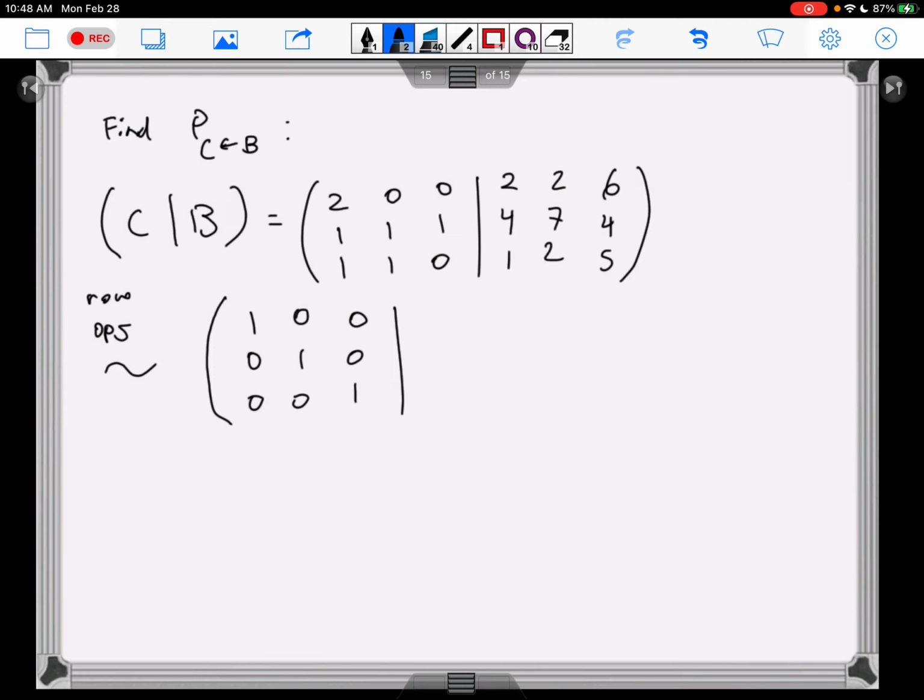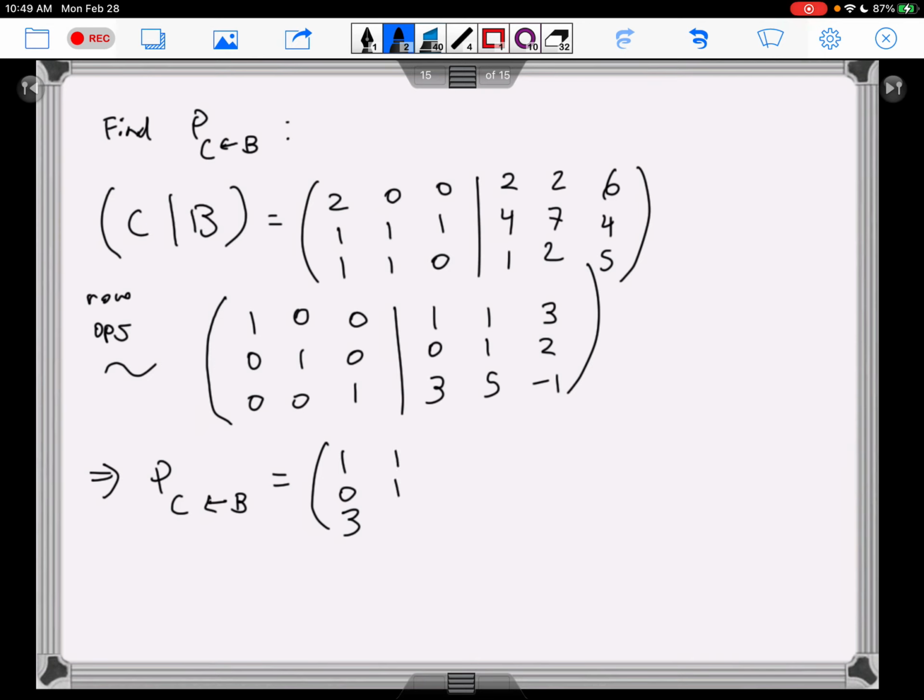And so what we end up with on the other side is the following matrix. 1, 0, 3. 1, 1, 5, and 3, 2, negative 1, which means that P, change of basis matrix from B to C, is equal to 1, 0, 3, 1, 1, 5, 3, 2, negative 1.